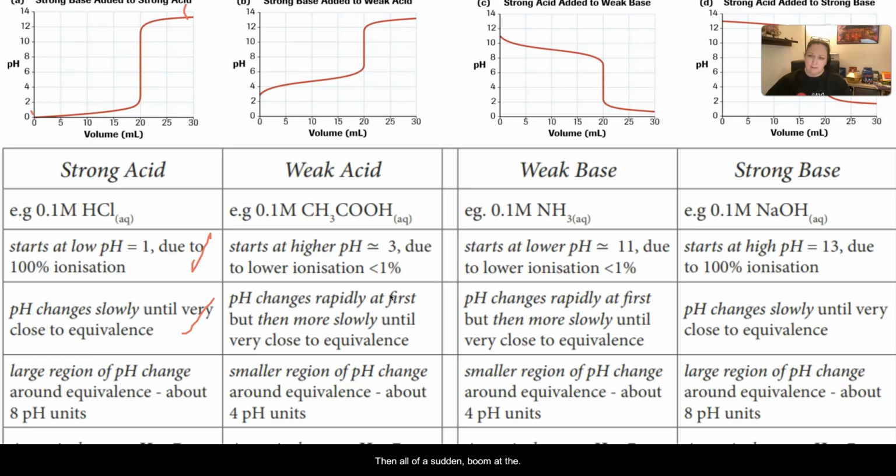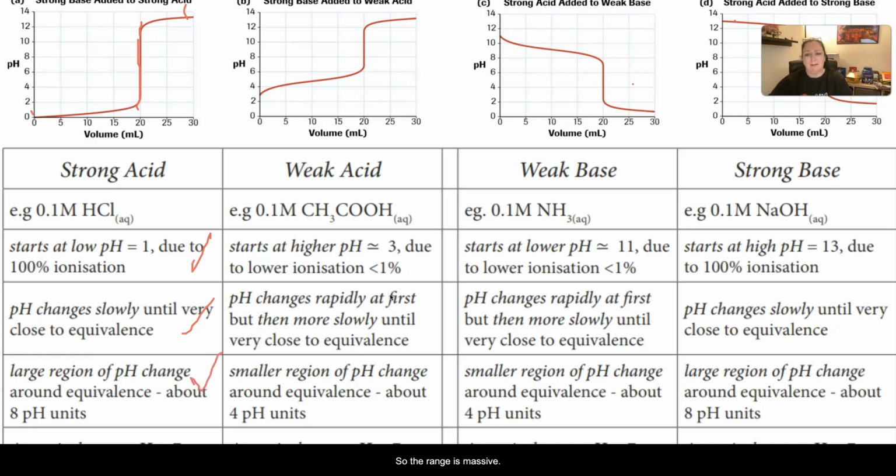And then all of a sudden, boom, at the inflection point. It has a large region of pH change at that inflection point. It's really large. It jumps like 8, from around a pH of 2 up to around a pH of 9 or so.